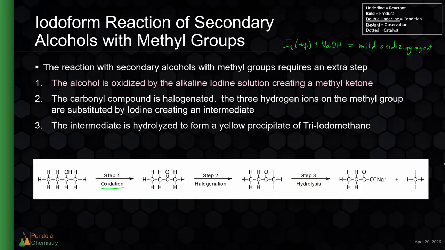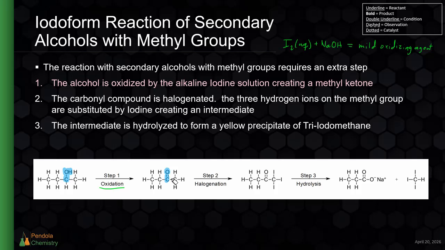So that carbon with the OH, let me make this a little bigger, the carbon with the OH that we have in the secondary methyl alcohol will get oxidized into a ketone. That oxygen will lose its hydrogen, create a double bond to the carbon, creating a ketone or a carbonyl group there. So let me just circle both ways. It will create a carbonyl group there, and because it had that methyl, we now create a methyl ketone.